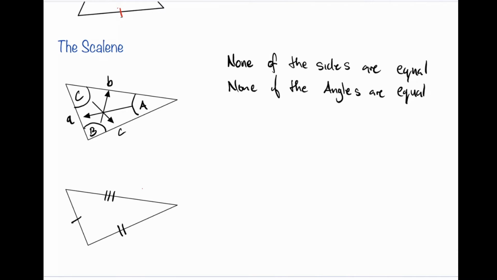Notice on my other triangle, we have 2 marks on this side, 1 on this side, and 3 on this side, which basically means this side with 3 marks is the largest side on the triangle, this side with 1 mark is the smallest side, and this side is the side in between.